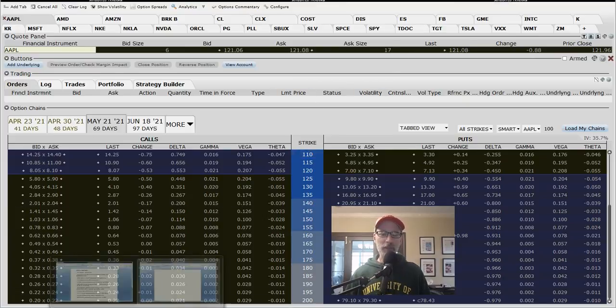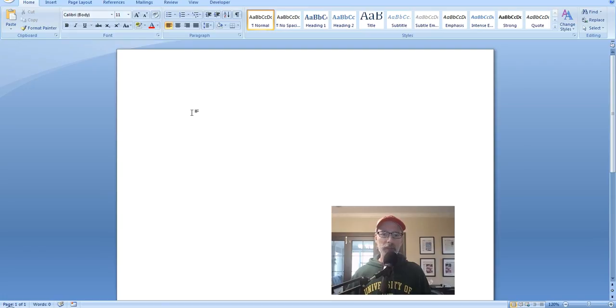Let's open up this other Word document here. To find the break even, I'm going to type this out. Break even equals strike price plus the option price.